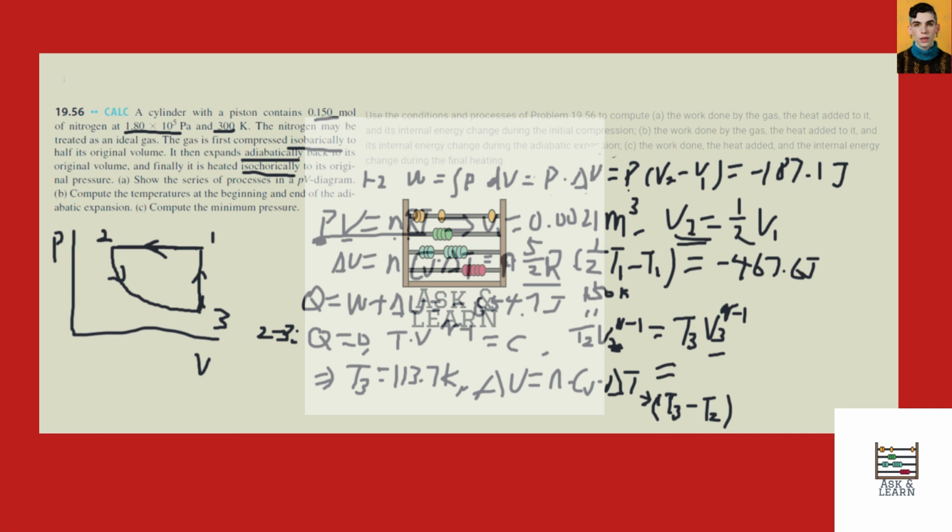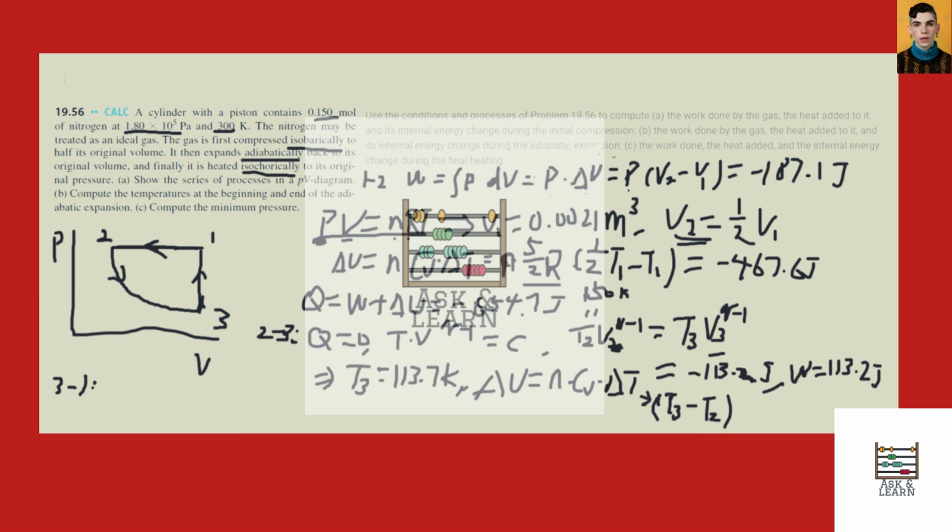So the result for delta U is negative 113.2 joules, all right? So the work, because Q is 0, is simply the opposite of delta U, which is 113.2 joules, all right?